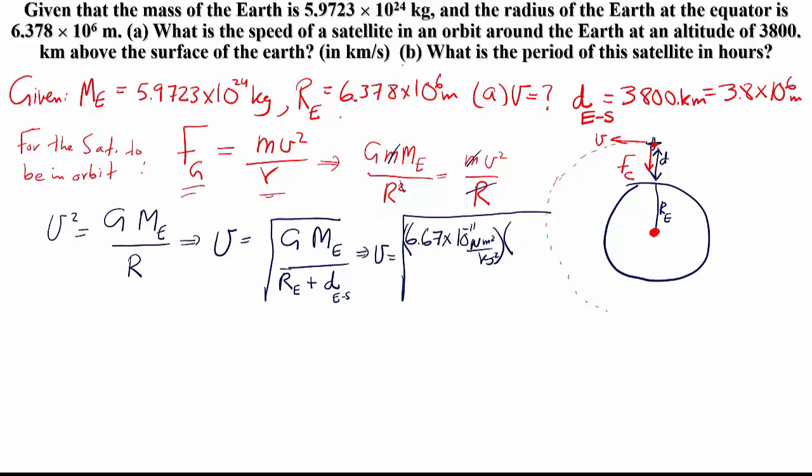The mass of the Earth, which is 5.9723 times 10 to the power 24 kilogram, over the radius of the Earth plus the distance from the Earth's surface to the satellite, which should be 6.378 times 10 to the power 6 meter plus 3.8 times 10 to the power 6. This is all in meters.